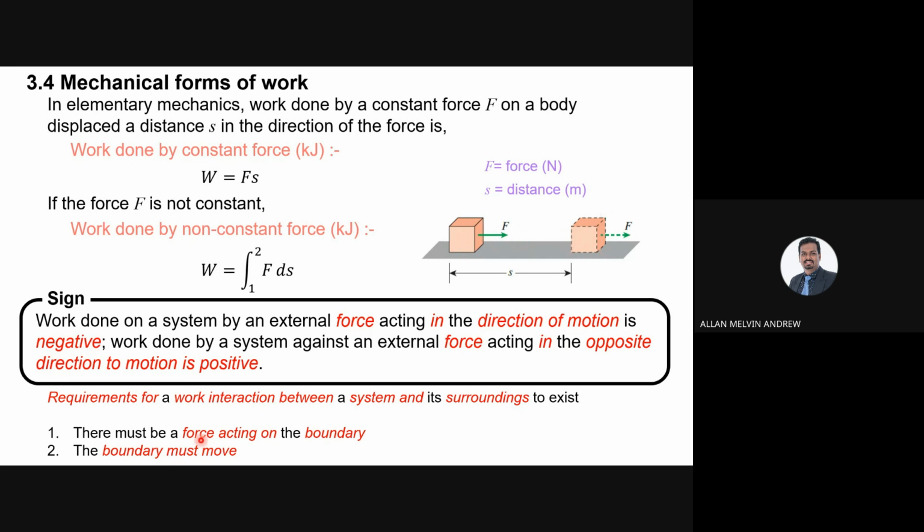Second, the boundary must move. Because the formula is W equals Fs, if s is 0, the force will not count. Even though the force has a value, the work done will be 0. So the boundary must move.